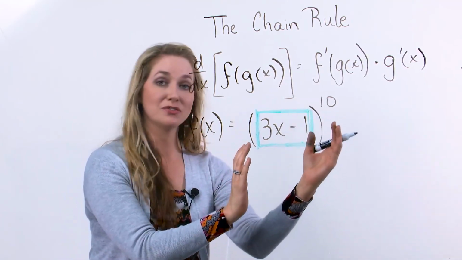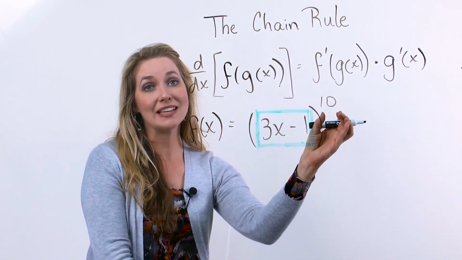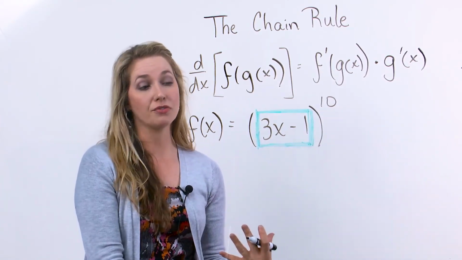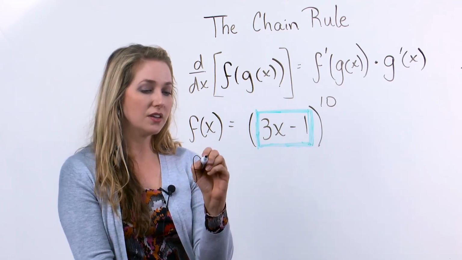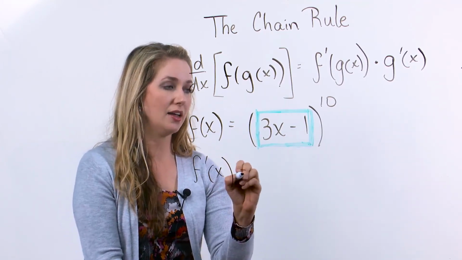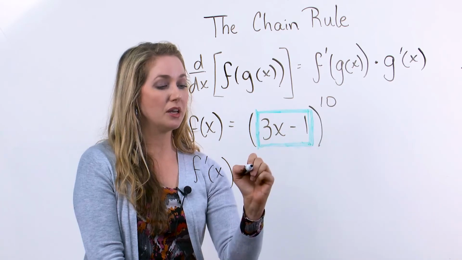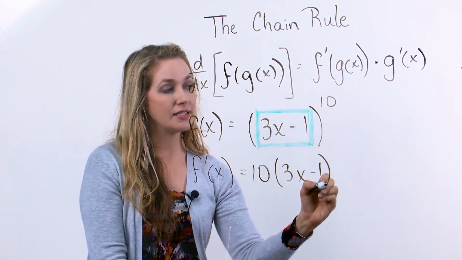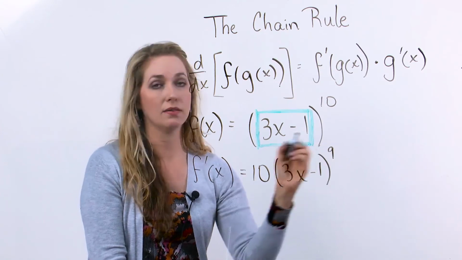Since the outermost function is something being raised to the 10th power, I'm going to use the power rule to start off with. The power becomes a constant multiplier, and I decrease the power by 1.